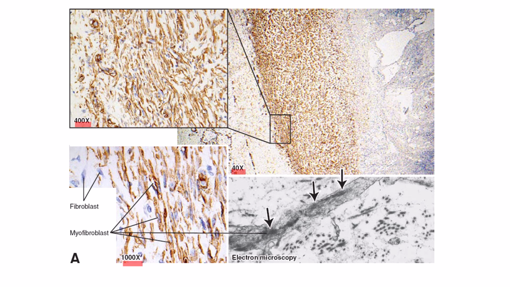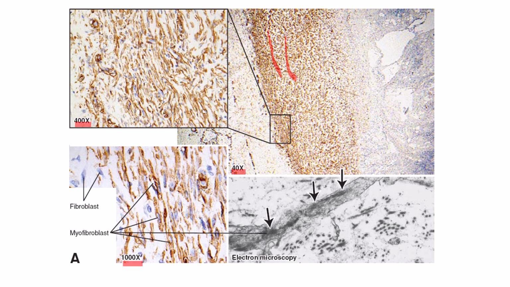The fibroblasts are spindle-shaped cells with lightly stained cytoplasm, while the myofibroblasts are also spindle-shaped, but with a darker, more intense brownish cytoplasmic color that is due to smooth muscle actin positivity.